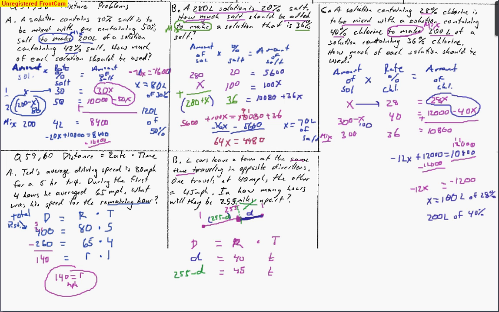And then from there we can go ahead and solve. See, here we can just add these equations together. See what will happen? The D's will end up canceling. We're left with 85t, so I have to add those two together, equals 255. Well, I do that division, and it just so happens to go in there evenly.